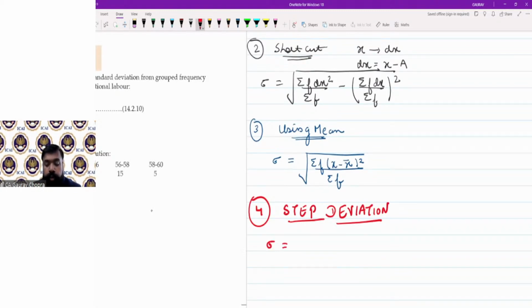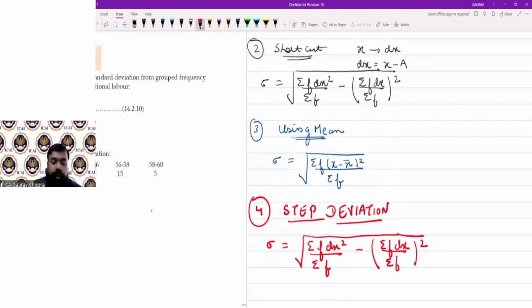So let us write the formula for shortcut method first, and then we will do the changes. Sigma f dx square upon sigma f minus sigma f dx upon sigma f whole square. This is the formula for shortcut method.